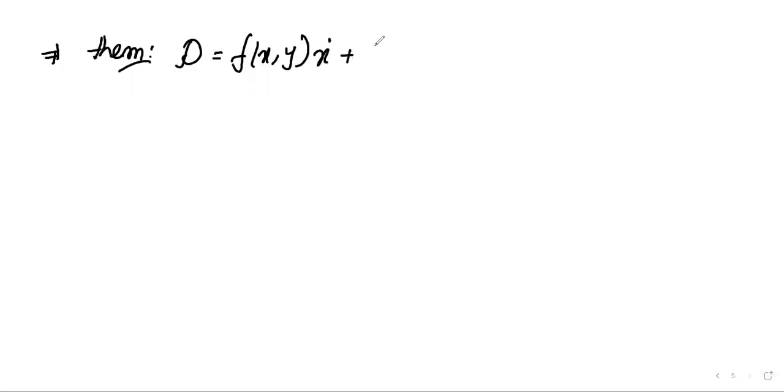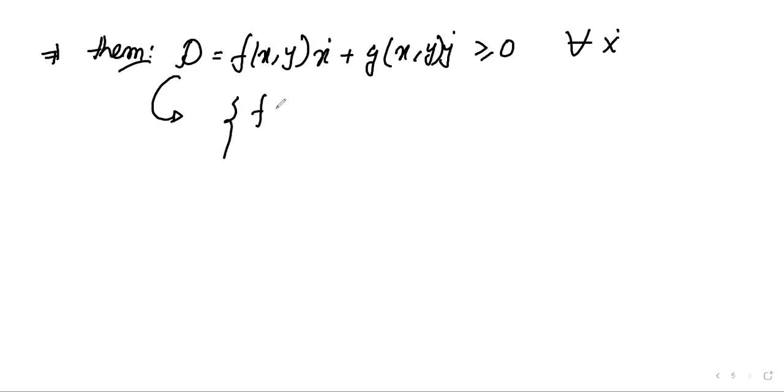Now, we have a theorem called the Boltzmann theorem. The theorem goes like this. If you have a function d, which is of the form f(x,y) x dot plus g(x,y) y dot, greater than or equal to 0 for all x dot, then what the theorem says is that this is only true if f(x,y) is 0 and g(x,y) is 0.